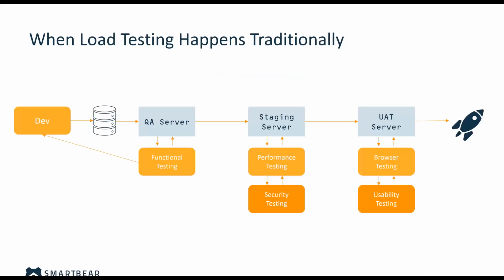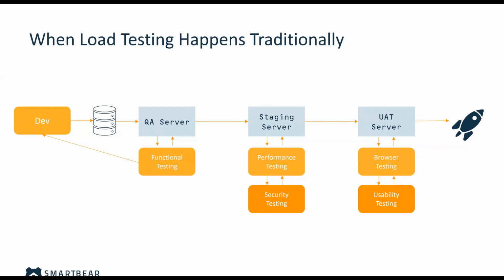Where load testing happens traditionally, and this is best case scenario, is towards the end of our SDLC, maybe in the staging or maybe even in this UAT server, but we're not giving immediate performance results back to our developers on a regular basis. It's happening on the right side of the shift left movement, and performance has still stayed in kind of this niche little space.